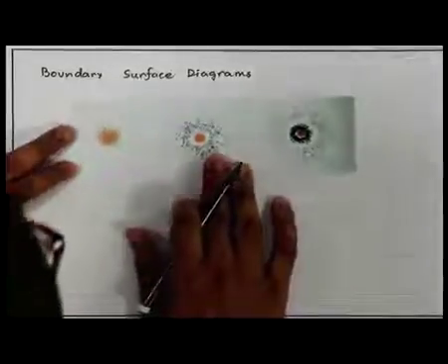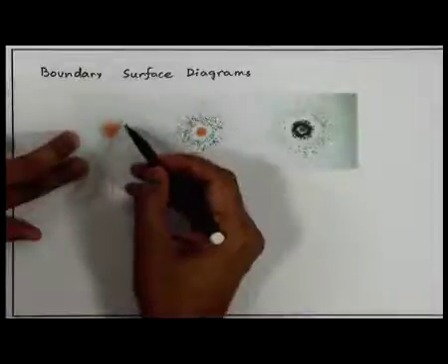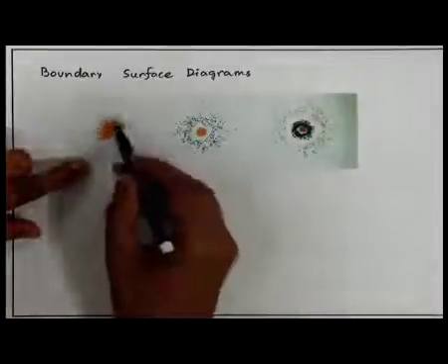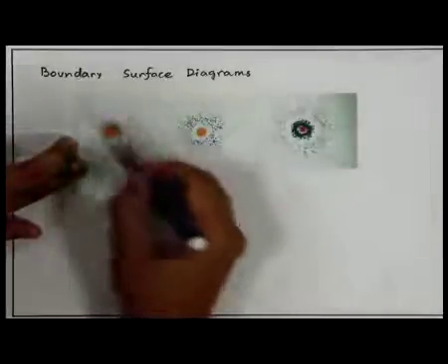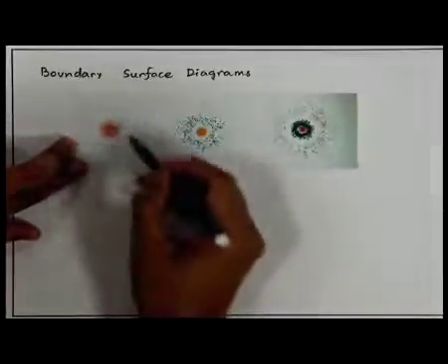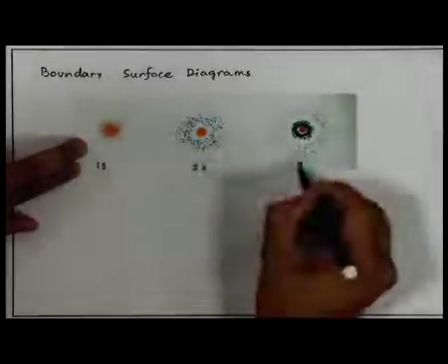What I am showing you here is a dot diagram. Each dot signifies that the electron was found at that point of time. In this first picture, which is for 1s, this is for 2s, this is for 3s.